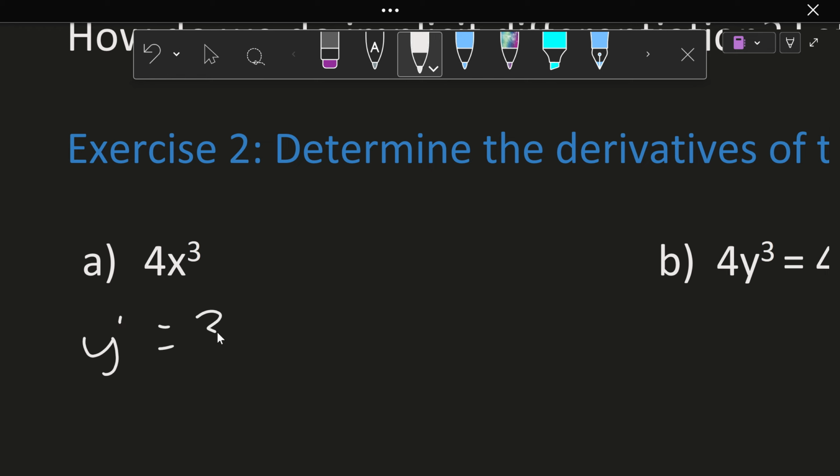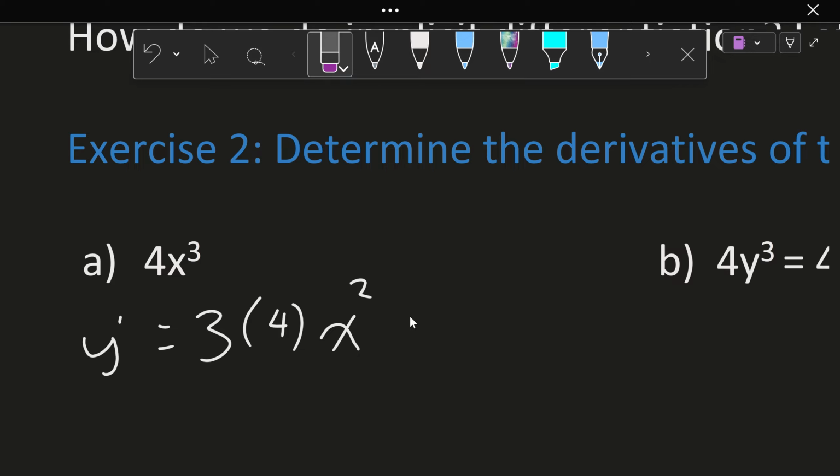Well, we bring that 3 down, and then we multiply it by the 4. We leave the x the same. We subtract 1 from the exponent. And what we're kind of doing here, but we haven't thought about it, is we're timesing this by the derivative of x. But the derivative of x is kind of like 1. You'll see why that matters in a minute, but we don't normally write that 1.